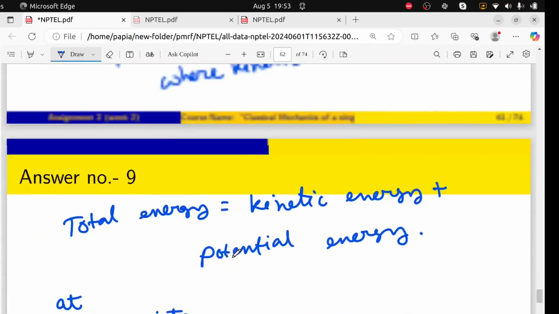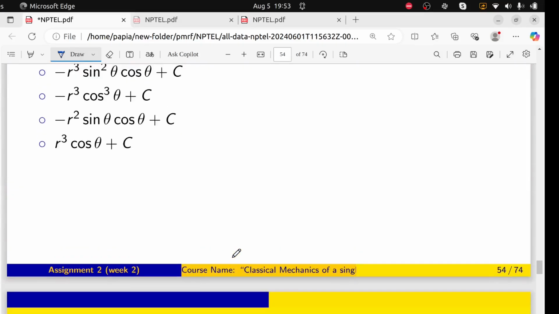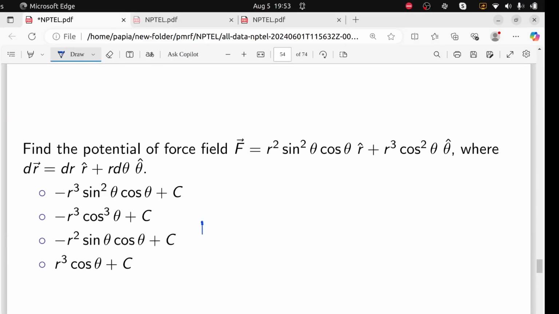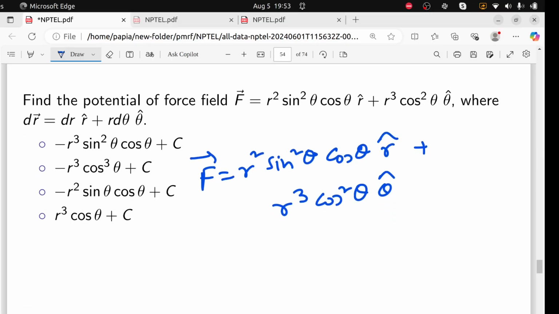Okay, now maybe I can go for the 8th question because it was left. Yeah, this one. Find the potential of the field F = r square sin square theta cos theta r cap plus r cube cos square theta theta cap. And dr is what? dr is dr r cap plus r d theta theta cap.